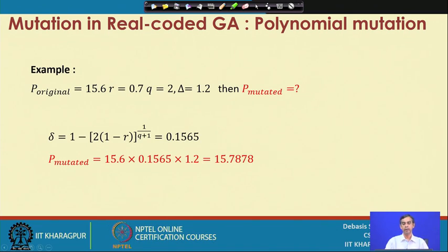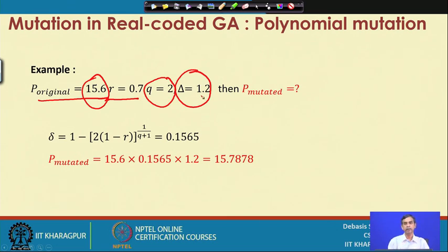Here is an example. In this example we consider the child chromosome value 15.6, r decided at random as 0.6, q is a standard constant 2, and delta is another constant that remains throughout, and then we have to calculate p mutated. First we have to calculate delta; in this case r is 0.7. So the second formula needs to be followed, and this formula gives the value of delta.